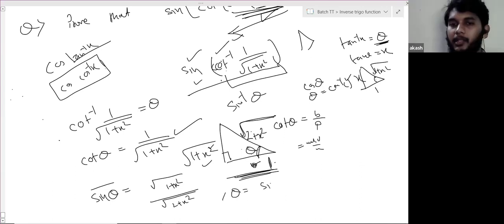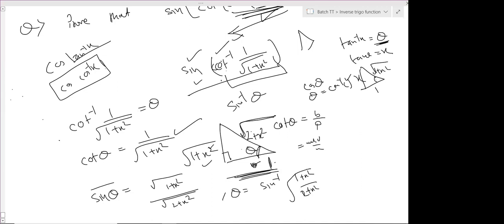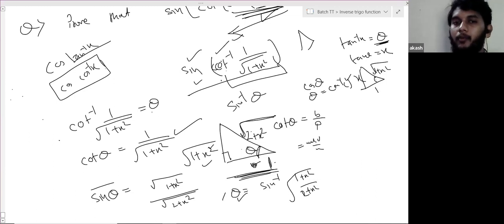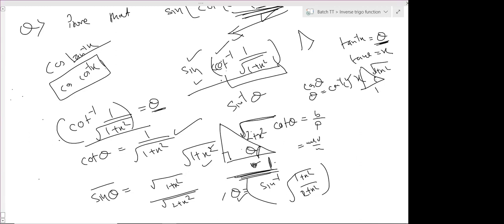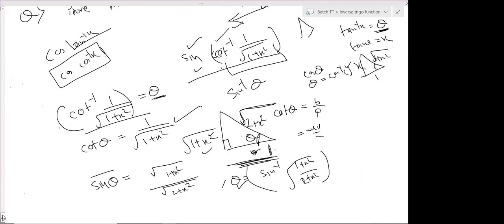So what can I write? Theta is equal to sine inverse, the same thing, root of 1 plus x square upon 2 plus x square under root. Yes or no, Aman? Yes. So instead of theta, I can write this sine inverse of something. And what is theta? Theta is cot inverse of this. So instead of writing this, I can write this value. This is clear or not? Yes, sir.